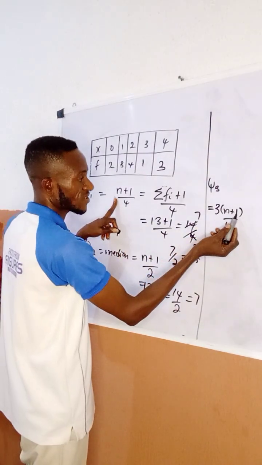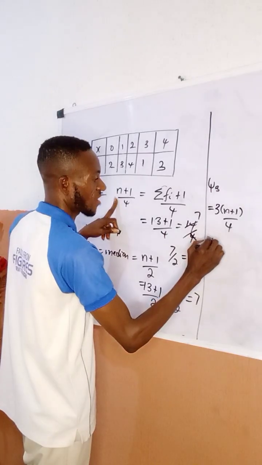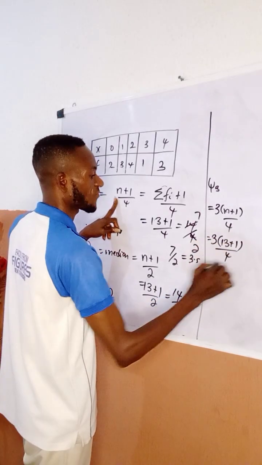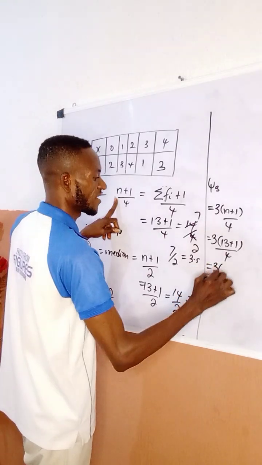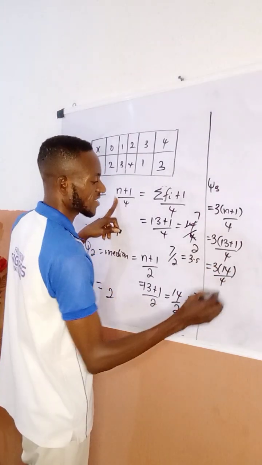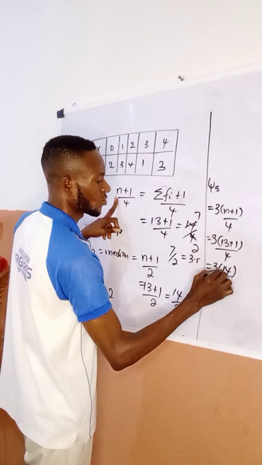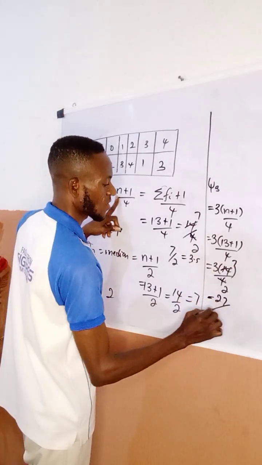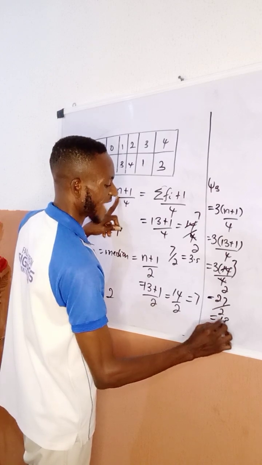So I will have 3 into 13 plus 1 all over 4, which becomes 3 into 14 all over 4. To reduce, 2 here is 2, 2 here is 7. And 3 times 7 is 21 all over 2, which will give me 13.5.